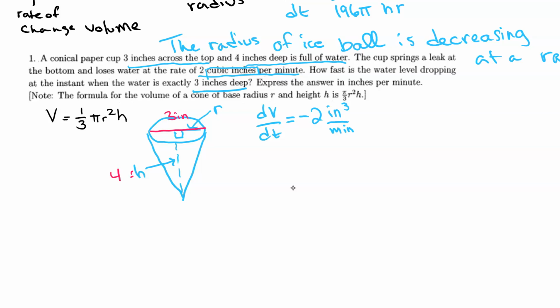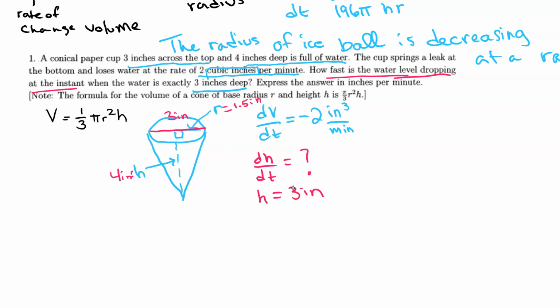So we've got an initial radius, half of 3, so 1.5 inches. Initial height is 4 inches. Then we're asked, how fast is the depth of the water, or height, changing? That's what we've got here. The water level dropping when the height is 3 inches.